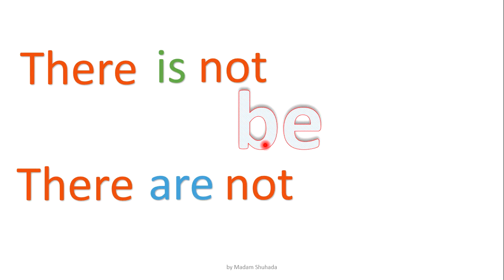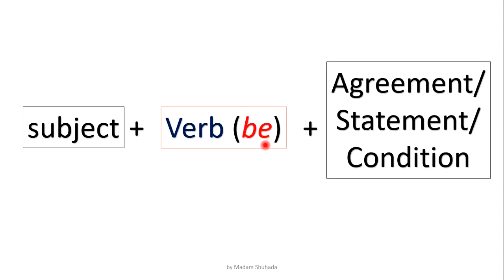Okay, let's continue. For the previous, we use subject plus verb be plus agreement, statement or condition. To use there, we must omit the subject and use there, followed by be verb and followed by agreement, a statement or condition.